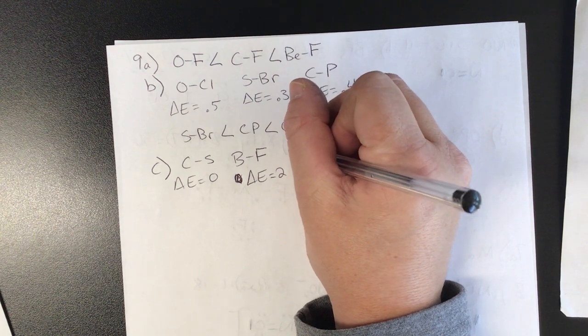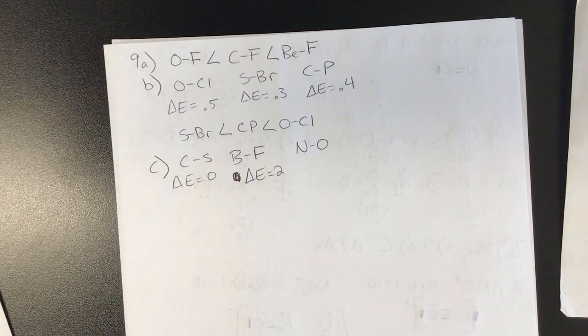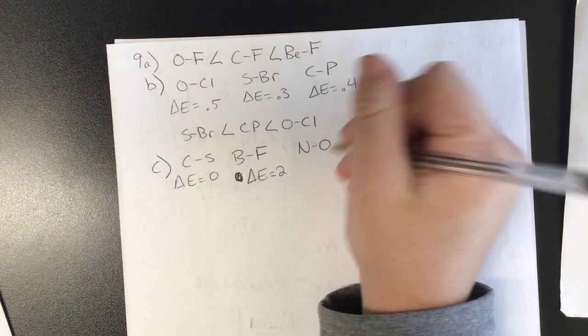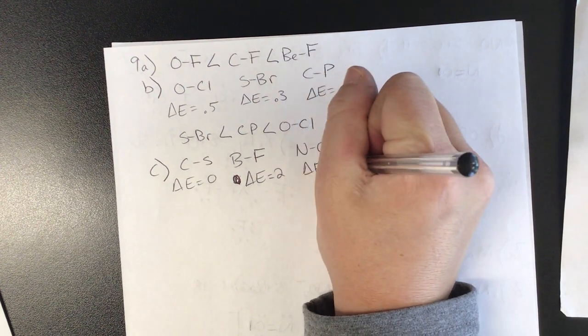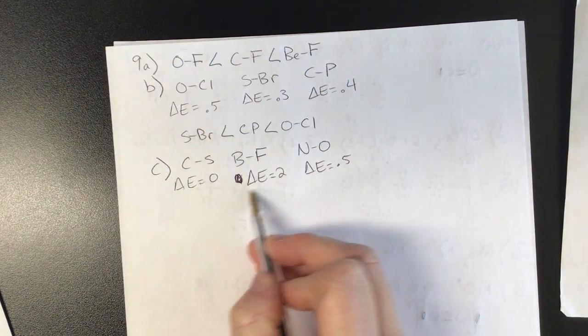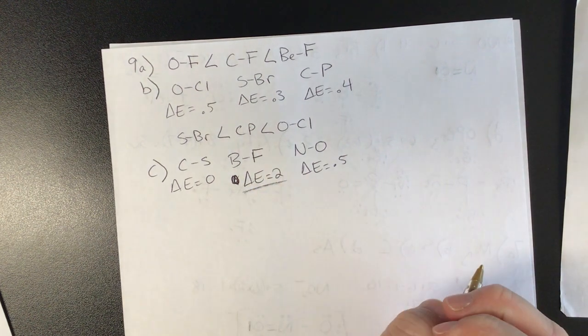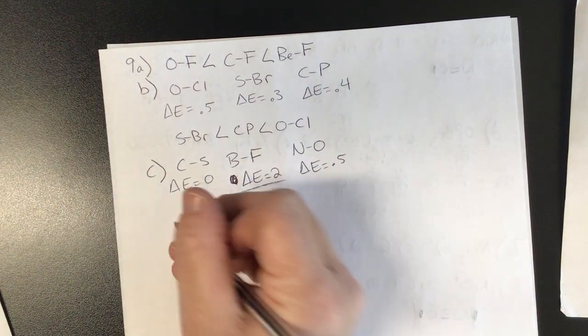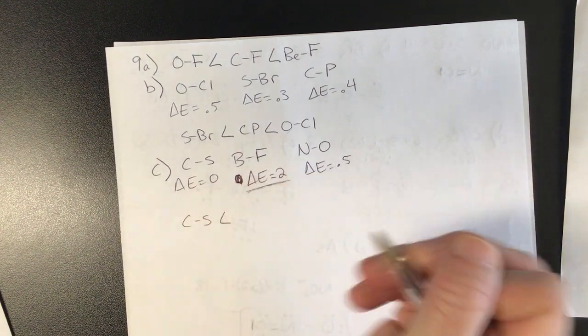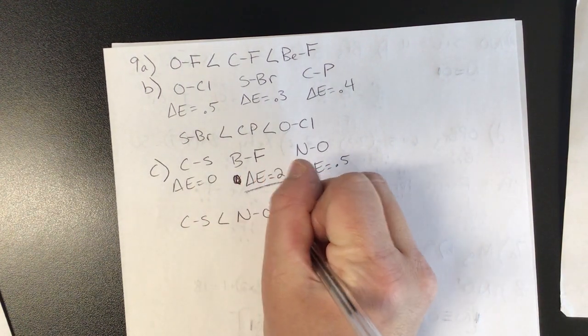And then NO: nitrogen is 3, oxygen is 3.5, so our difference would be 0.5. So the most polar bond would be BF, which has a greater difference. So it would start with CS, that would be the least, and then NO, and then BF.